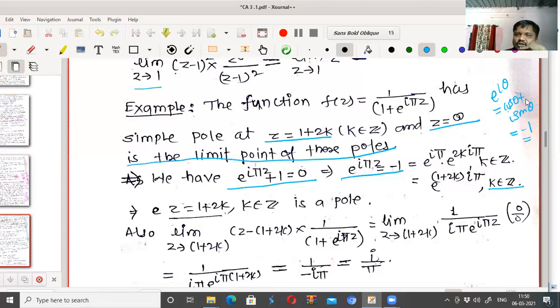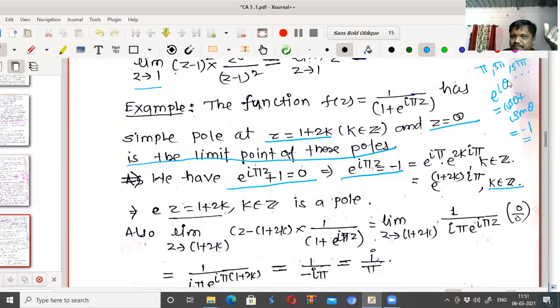Similarly, for 2 pi it is 1, for 3 pi it is minus 1, for 4 pi it is plus 1. That means if theta is pi, 3 pi, 5 pi and so on, then e to the power i theta is minus 1.